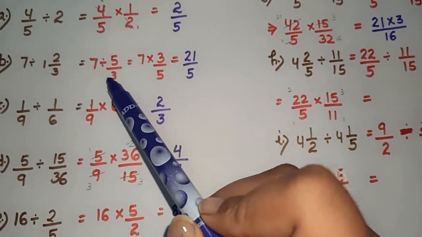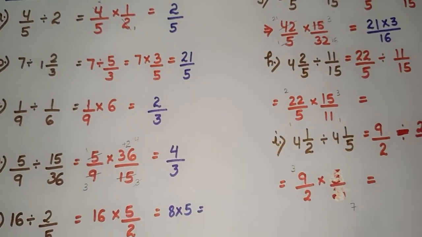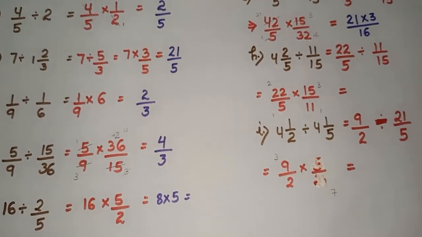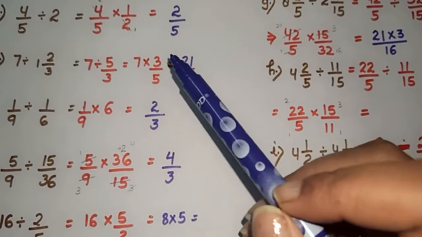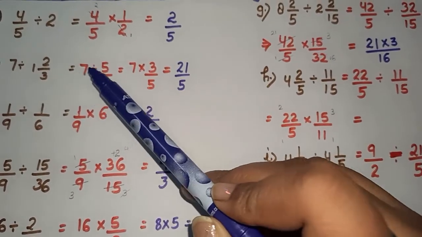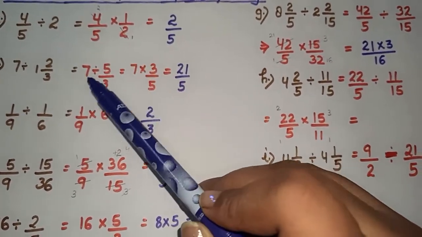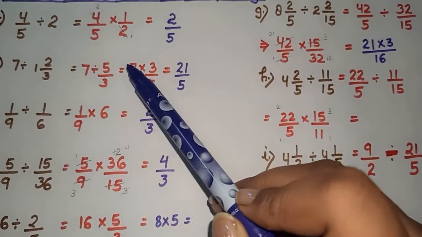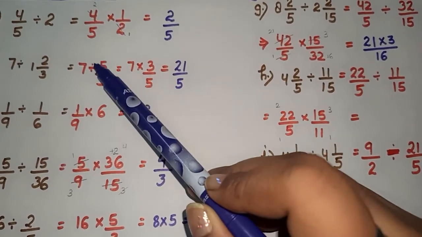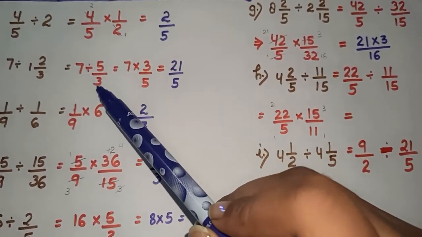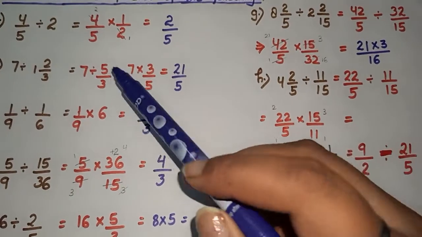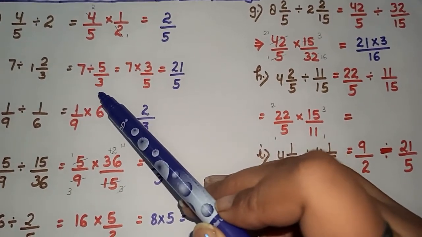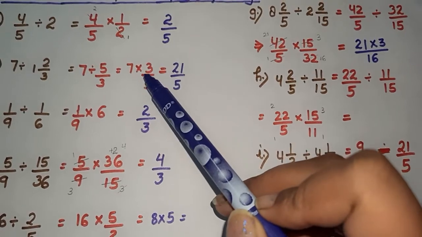So 5 upon 3. Now again we need to follow the same step. Just write down the first fraction or whole number as it is and reciprocate the second fraction. As it is 5 upon 3 over here, we will write down 3 upon 5.